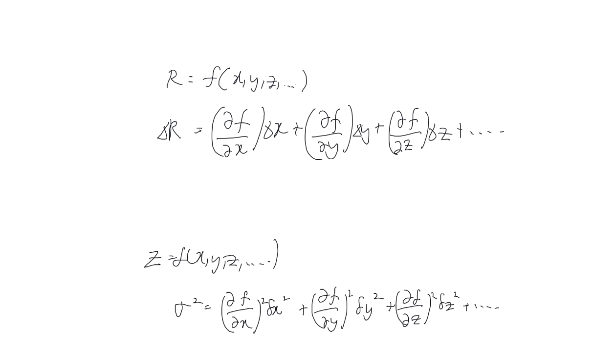So the uncertainty of z is simply the square root of these whole terms.